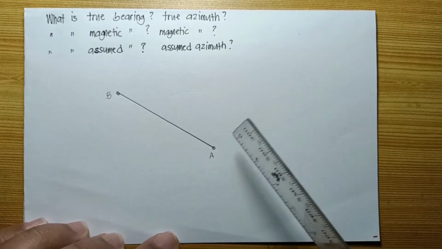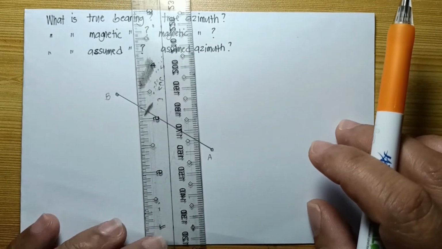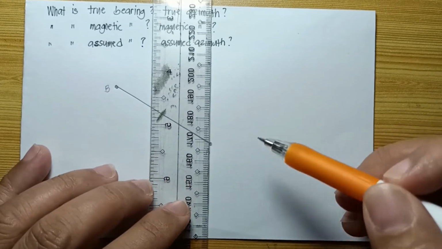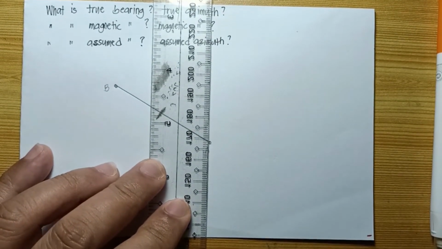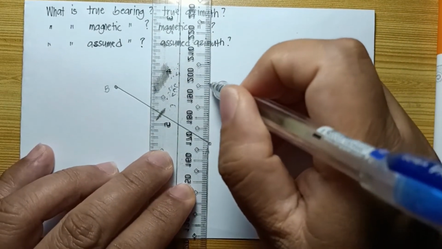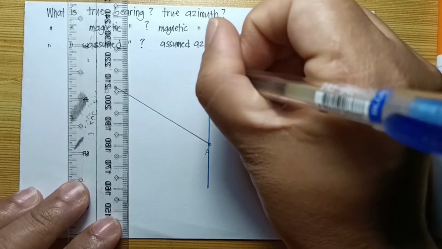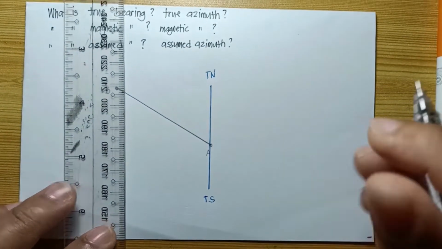this line? If you have this line AB, I will draw the meridian at point A. Let me say this is my true meridian, true meridian at A. So this is my true north, and of course, this is my true south.